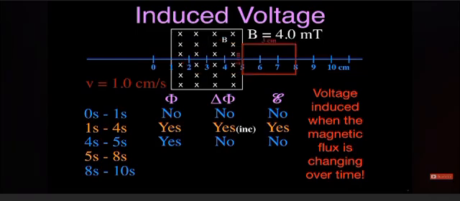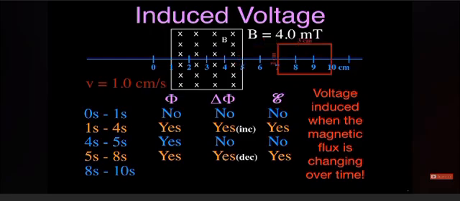And then if we move out now from 5 to 8 seconds, what's happening there? Now there's a change, and you can see that at this position our coil doesn't have any lines of force that are cutting through it. Hence, this would be a decrease in our magnetic flux, and this is important to note.